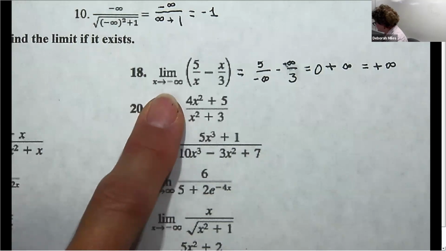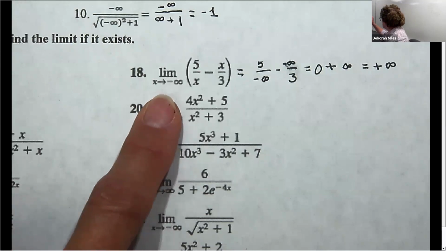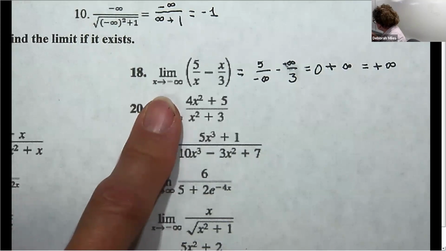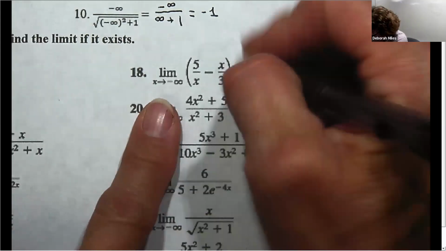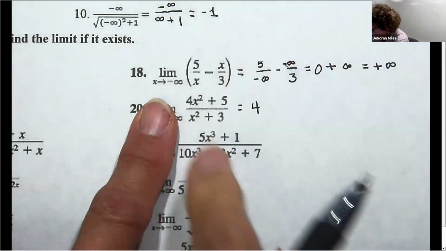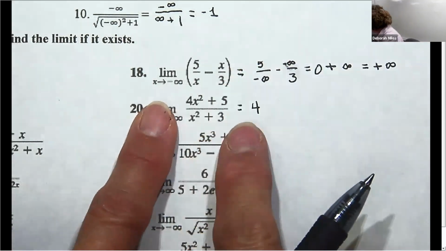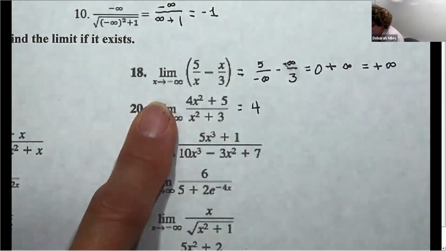Ratio of the coefficients, which would be what? 4. Or you can think 4 bazillion and 5 divided by 1 bazillion and 3 is about 4 bazillion. When we're talking about bazillion squared, adding 5 or adding 3 doesn't really make much difference.